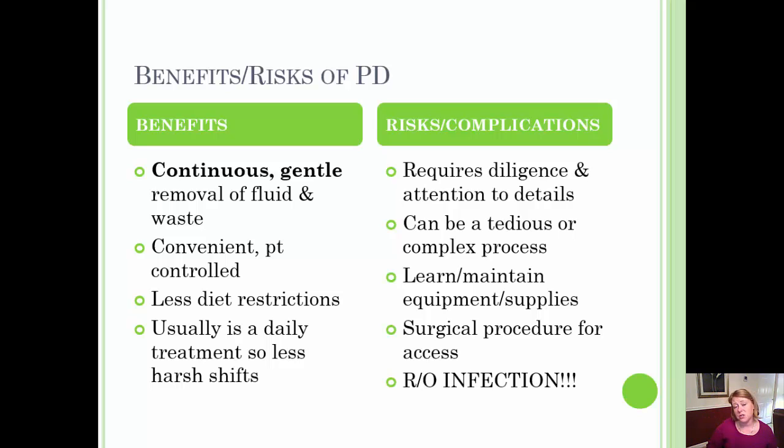So there's a harsh shift in fluid, electrolytes, and toxins, whereas with peritoneal dialysis, it's more of a continuous process across every day. As I've said, it is a daily treatment, and so the shifts are certainly less harsh than what they are with intermittent hemodialysis.